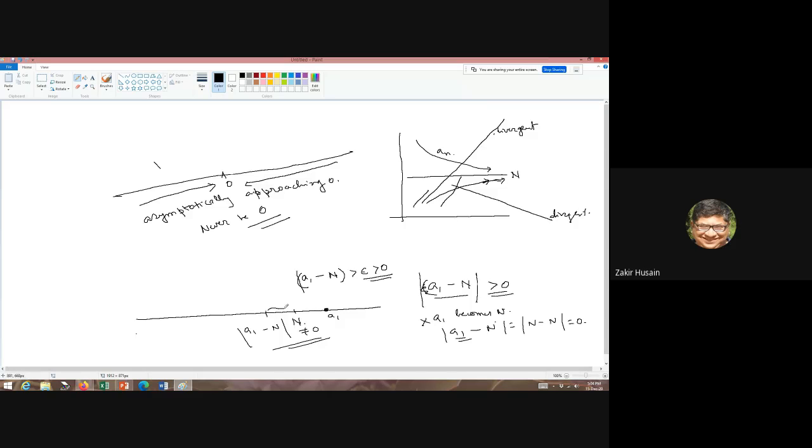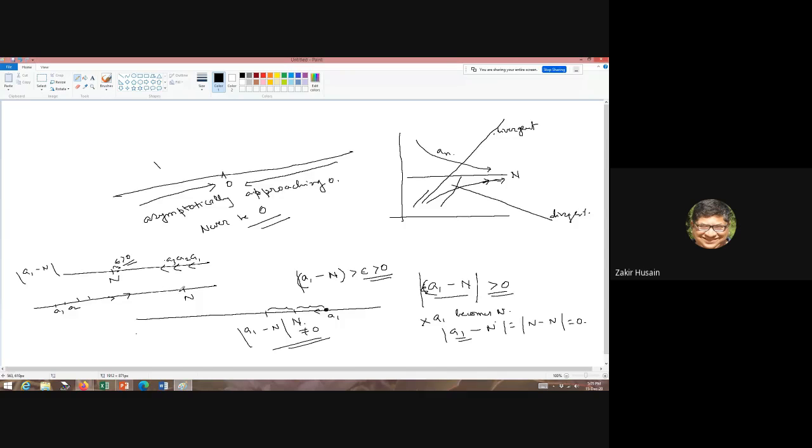If you're coming from here, there's a gap like this. Suppose the series is decreasing. As we are coming down, a1, a2, a3, we will come to n, but there will always be a small gap. On the other hand, if we take an increasing series, a1, a2, and so on, the gap is getting reduced. a1 minus n is falling, but it will never become 0.